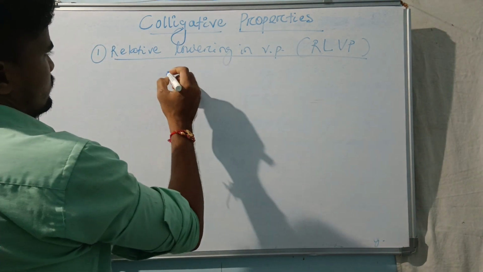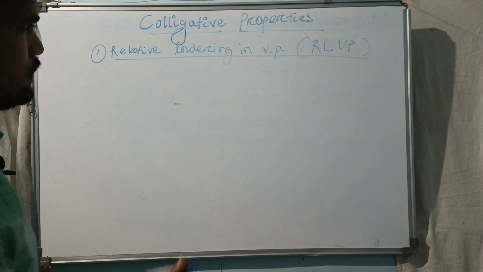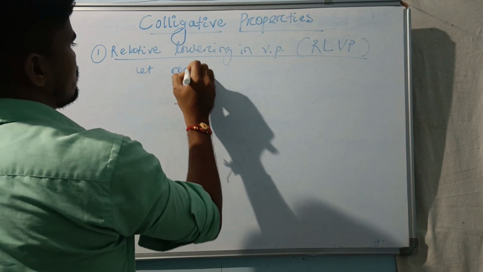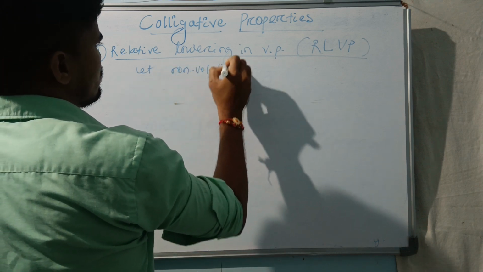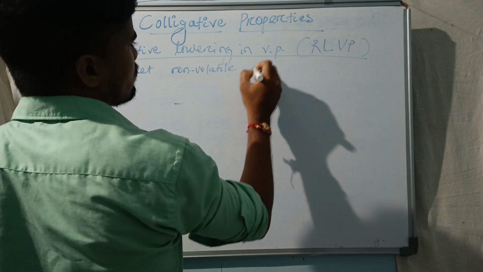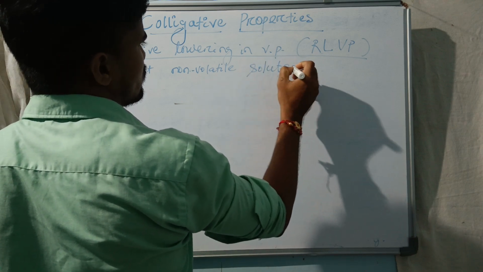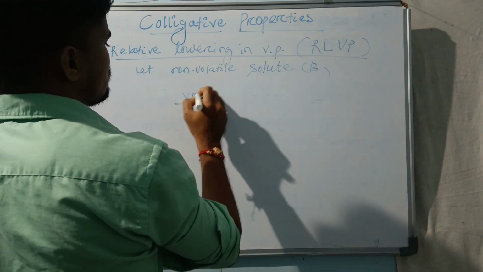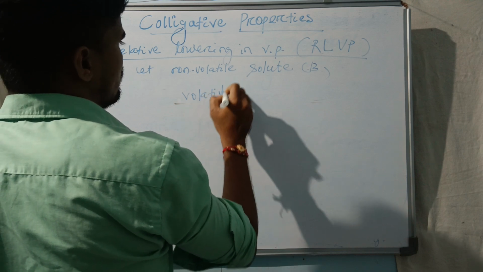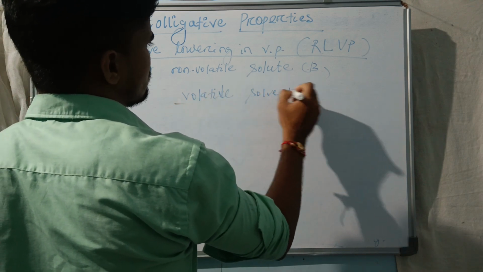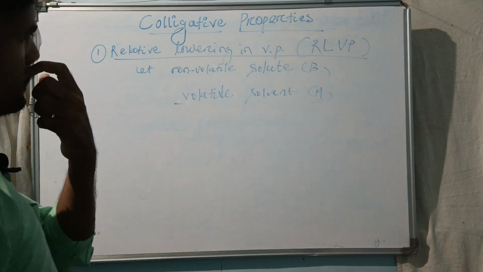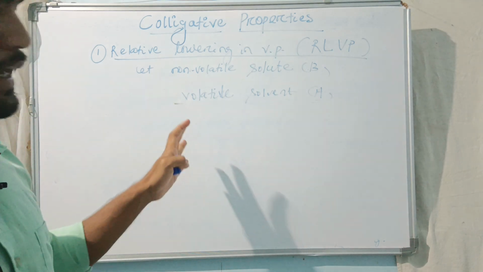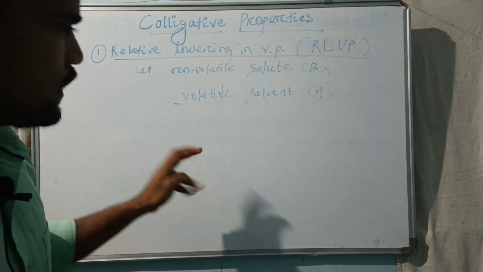Relative lowering in vapor pressure means, suppose we take a non-volatile solute B and a volatile solvent A. We know that in the last class we discussed Dalton's law of partial pressure and Raoult's law also.